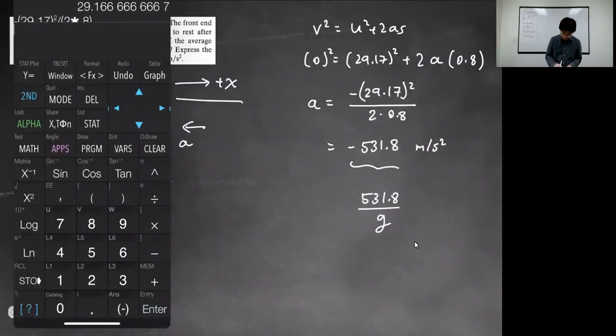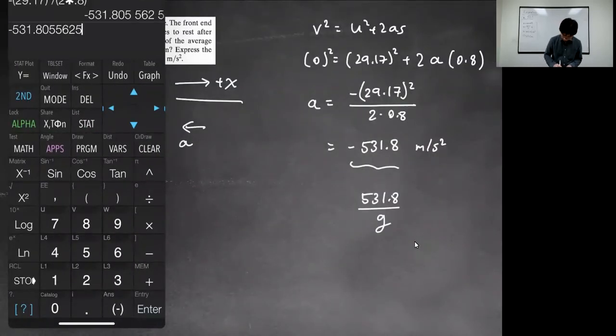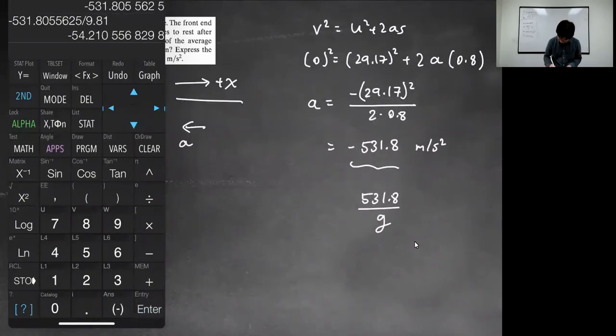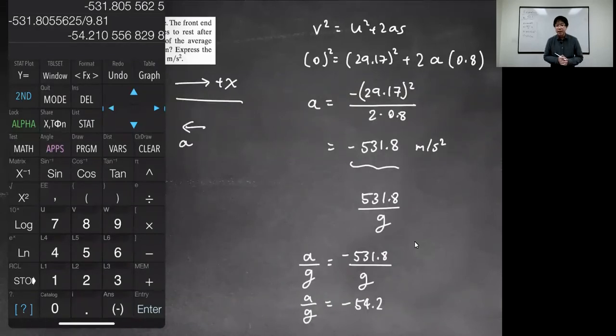So this is an example of deceleration, right? So you can check, I'll do that as well. Take that, divide by 9.81. If I divide both sides by G, so A divided by G, I have minus this divided by G, right? So A over G equals minus 54.2, right?